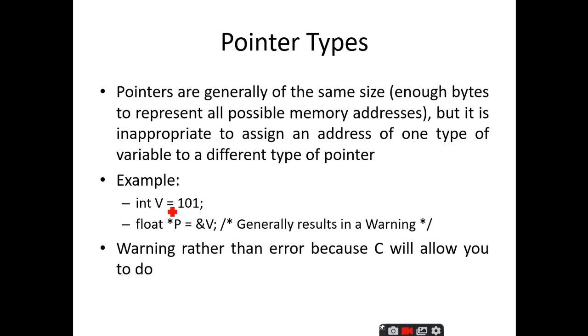Right. See here. As I told you, we have different types of pointers: integer pointer, floating pointer, character pointer, and double pointer. All these things we know, right? The categories of pointers are based upon the type of address which it is going to store.